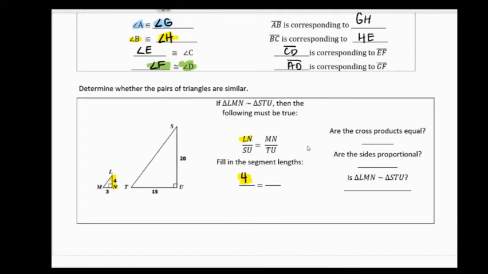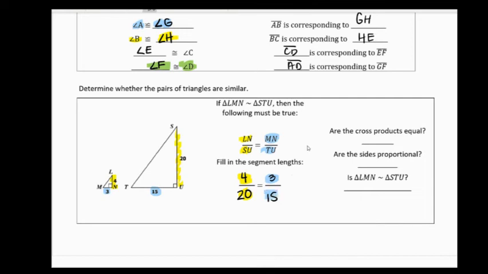They're comparing that to the side SU in the other triangle. So SU will go here. SU is worth 20, so we're able to plug those in from our picture. The side MN is worth 3, and the side TU is worth 15.